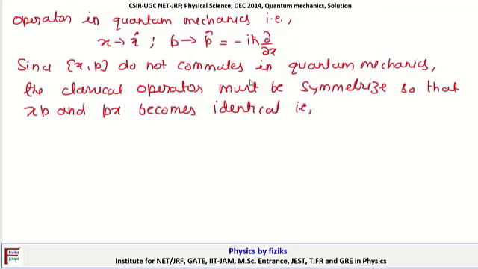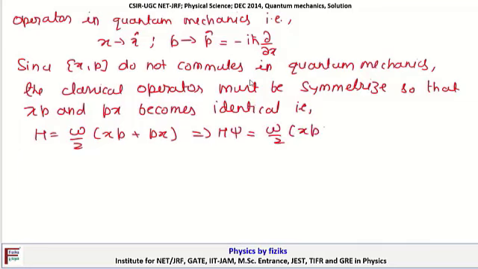That is, H equals omega by 2 (xp plus px), which implies H psi would be equal to omega by 2 (xp psi plus px psi).